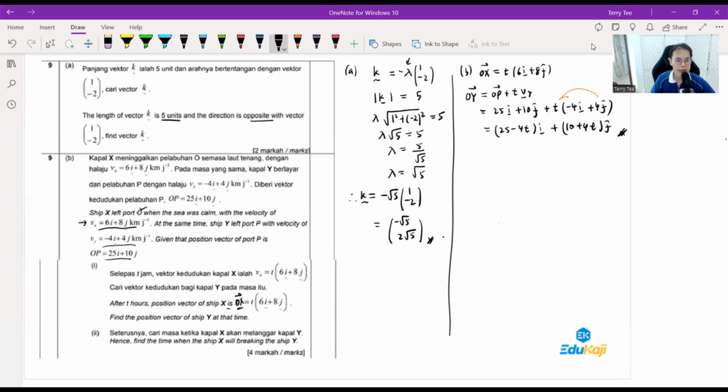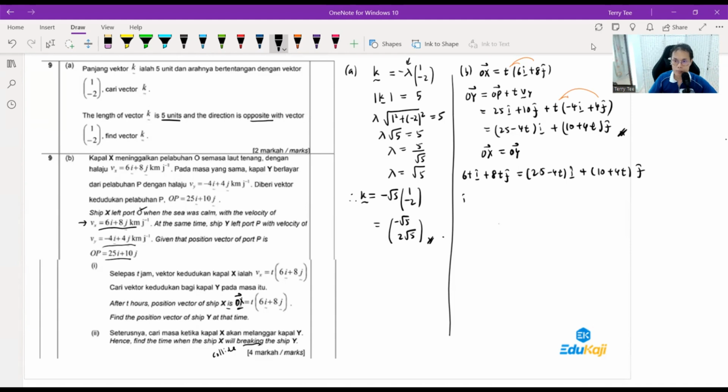Next, find the time that ship X will collide with ship Y. They collide when OX is the same as OY. Now, my OX, let's expand this and write in i and j form: 6ti + 8tj equals (25 - 4t)i + (10 + 4t)j.